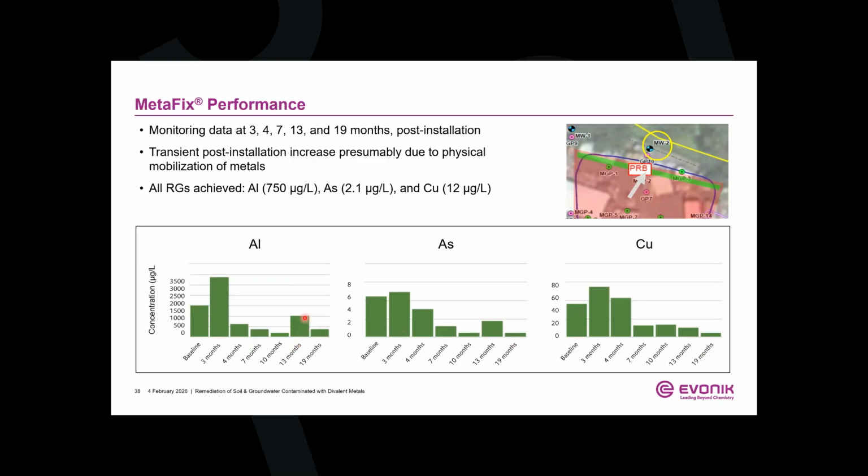You might say, what happened at 13 months? Well, that was a 1 in 25 year rainfall event at this site. So that was attributed by the consultant to flushing of metals from the surface as a result of several days of extremely heavy rain.